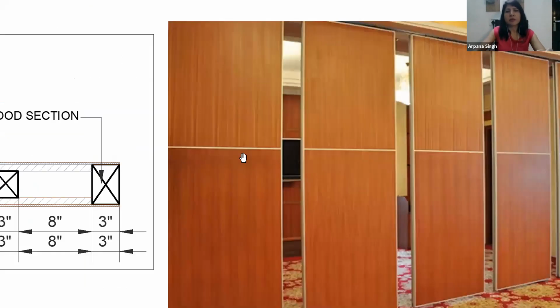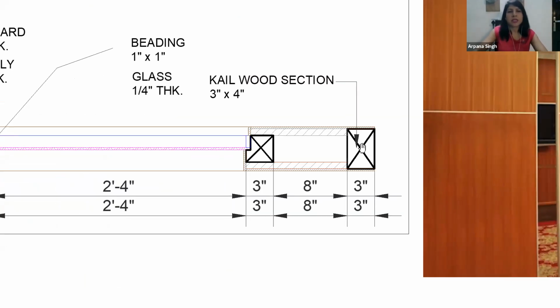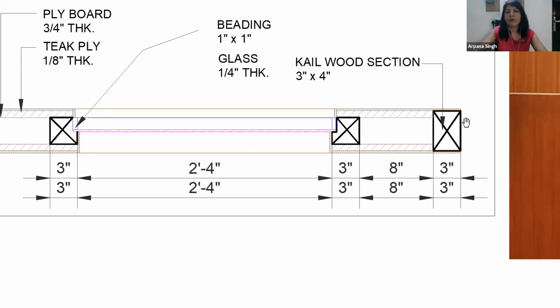This is kind of a beading being added to it. Otherwise, in this case, you can't see the frame. The frame goes inside. But yes, you are getting mirrors at various intervals. So the detail is going to be something like this, where your frames are inside.